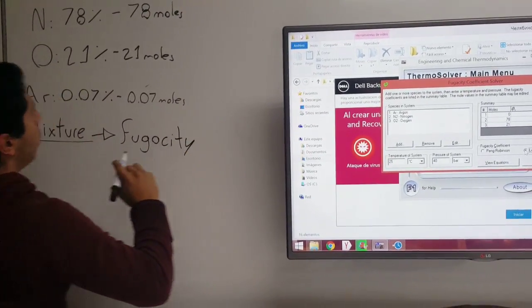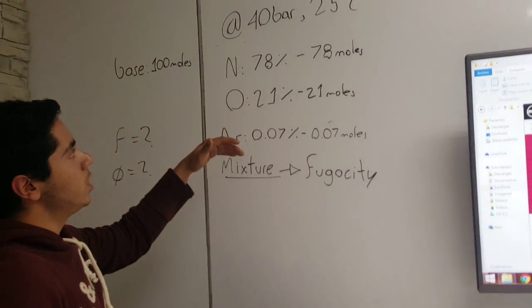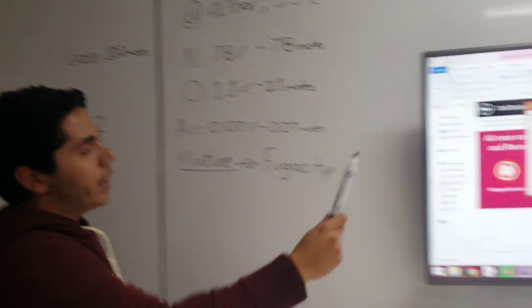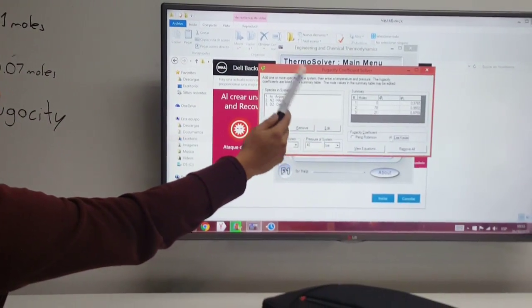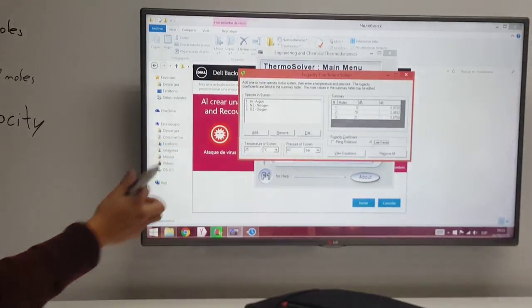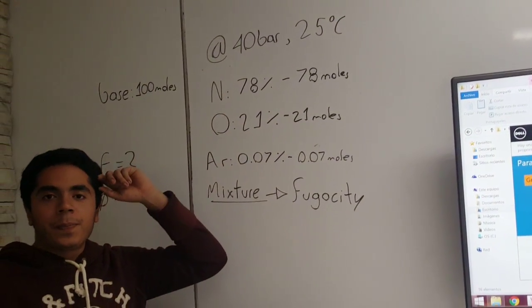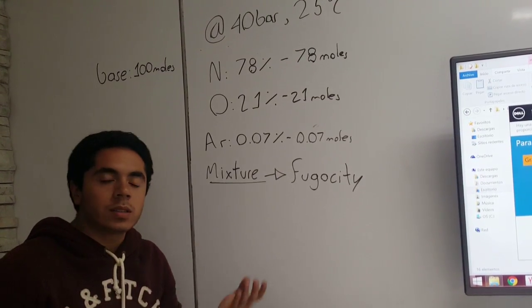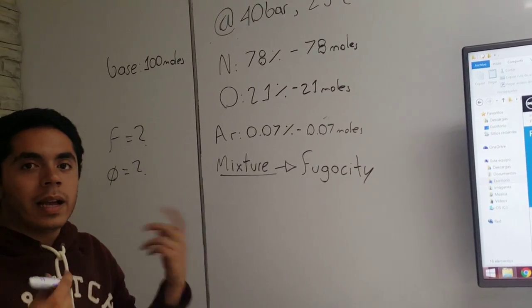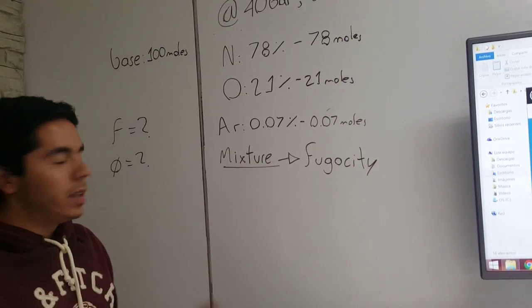We have our composition, and we are going to multiply the coefficient of each independent species by its amount in the whole system. We make that calculation and obtain the result.